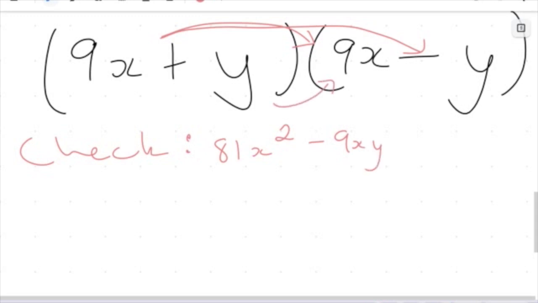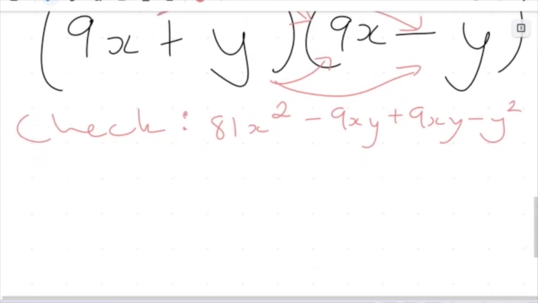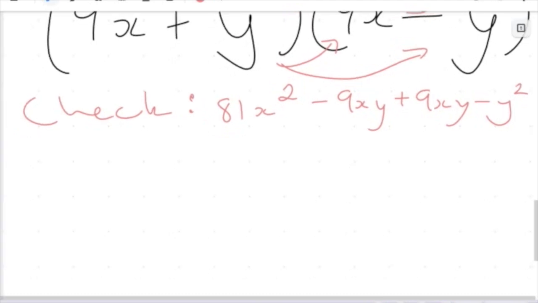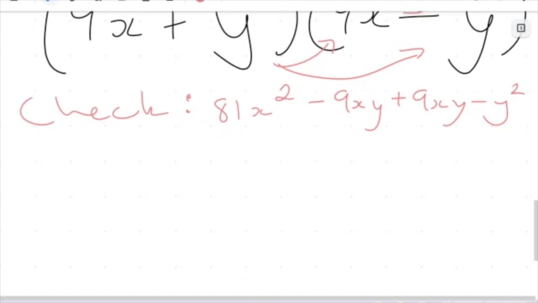Y times 9x gives me positive 9xy. And y times minus y gives me minus y squared. And you can see that no matter what the terms are, whether they're algebraic or regular numbers, the same pattern is going to occur, because minus 9xy plus 9xy, these two are once again going to cancel each other out.